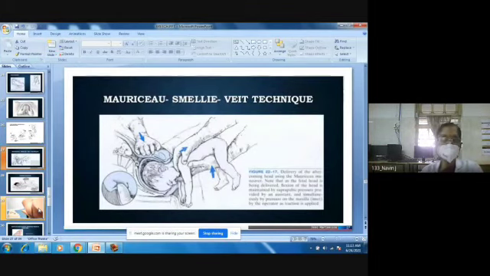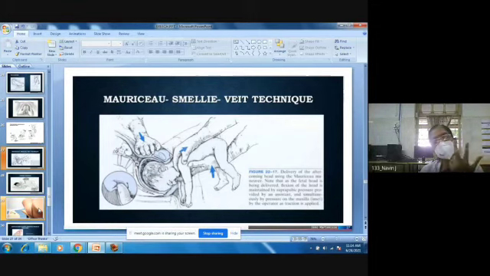Next is the Mauriceau-Smellie-Veit technique. Here, the supinated left hand of the obstetrician is kept below the baby. The baby is allowed to lie astride the left forearm of the delivering doctor, and the right hand is hooked over the baby's shoulders. And what does the left hand do?